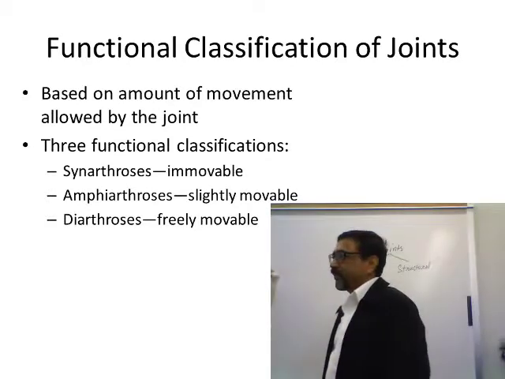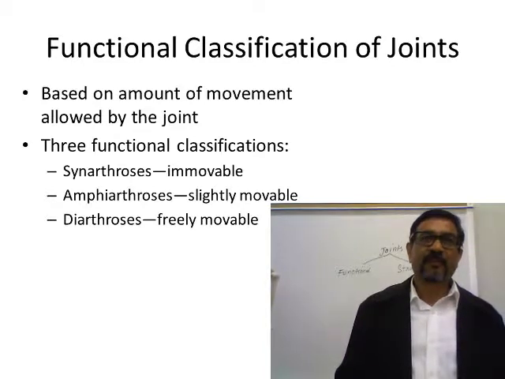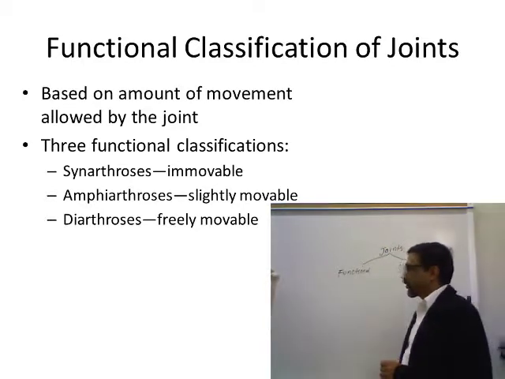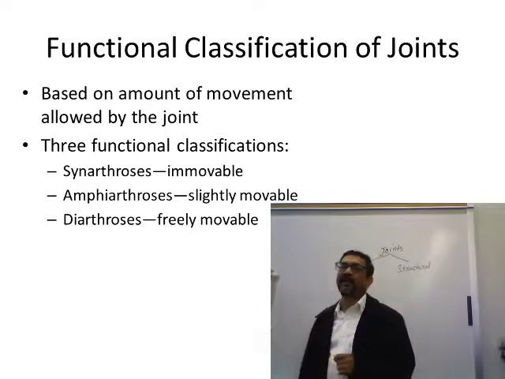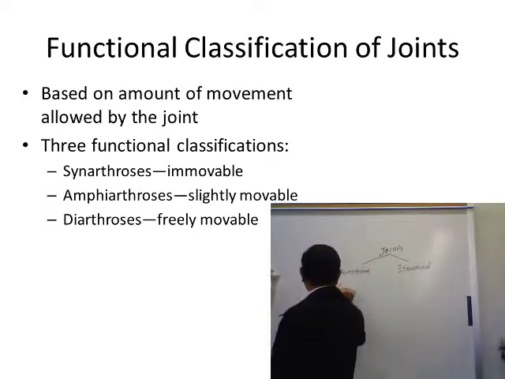We divide the joints into 3 types: synarthrosis, amphiarthrosis, and diarthrosis. Remember SAD, S-A-D. Synarthrosis, amphiarthrosis, and diarthrosis.